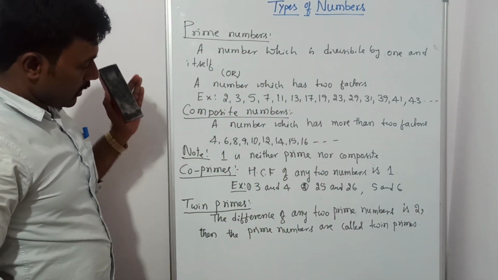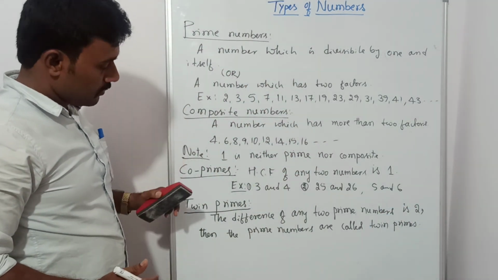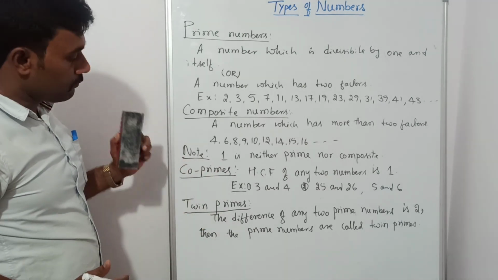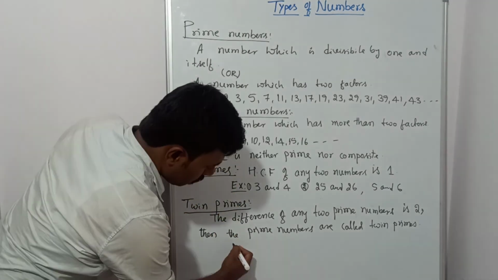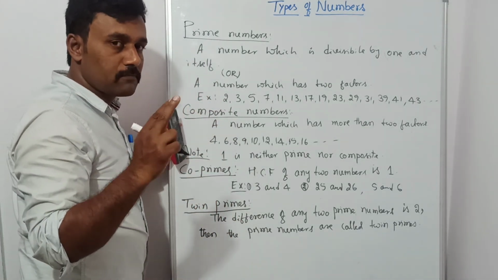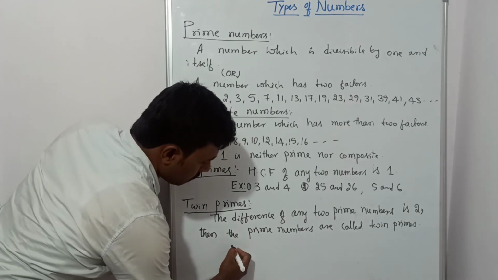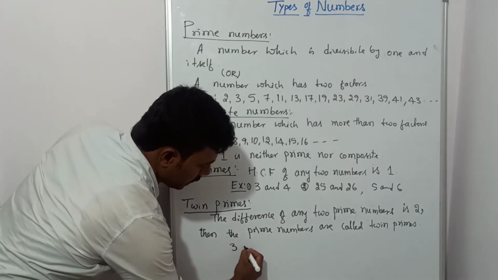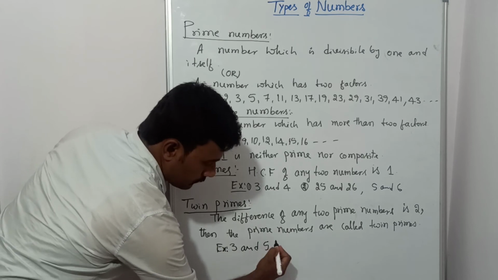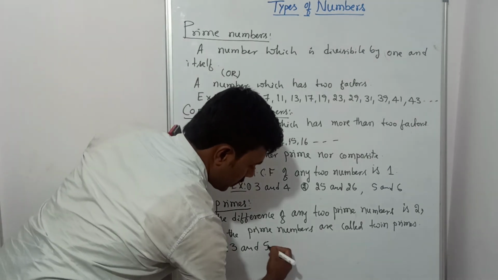These are all the types of numbers, and we can give examples for twin primes. You can take two primes whose difference must be 2. For example, 3 and 5, then 5 and 7.